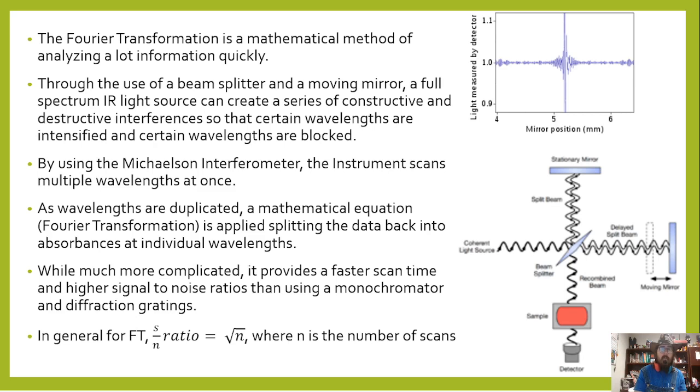The problem with a monochromator is if you're scanning through all the wavelengths just one time, and there's any stray cosmic rays or anything else outside of your control, some instrumental error, and it hits during one particular scan, you're going to get a very high peak for that scan.